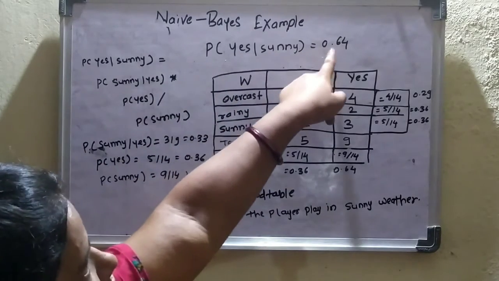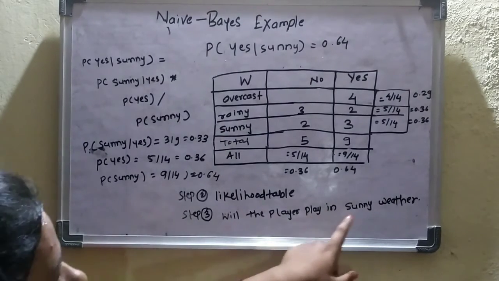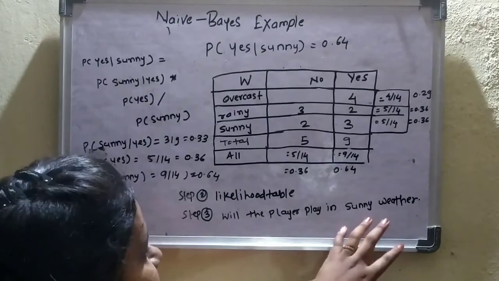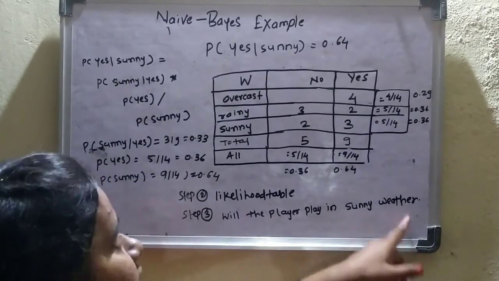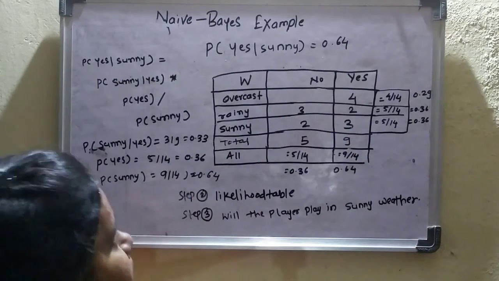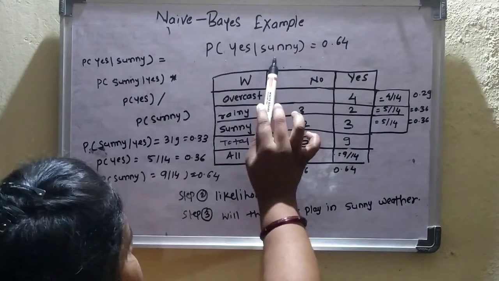So it is tending towards 1. So yes, the player will play in the sunny weather. This is the answer to the question, since the value is positive, tending towards 1, and a higher value.